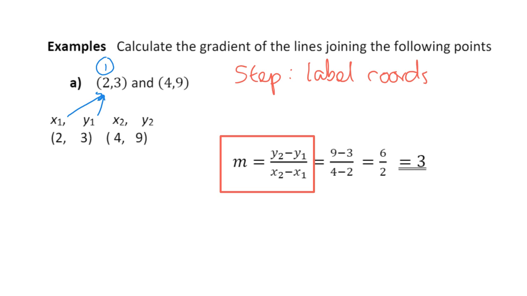So the x coordinate on the first point is 2, the y coordinate in the first point is 3, so x1 and y1 are above the 2 and the 3 respectively. In the same vein, for the second point we have an x value and a y value. So x2 is 4, which is the second point, and y2 is 9, which is also the second point. Once we've done the labeling like that, it's far easier for us to transfer into the formula.